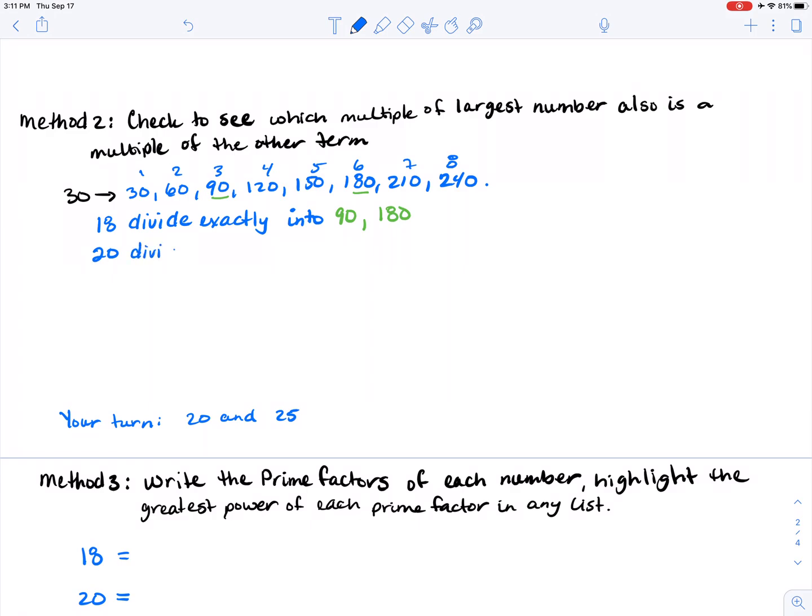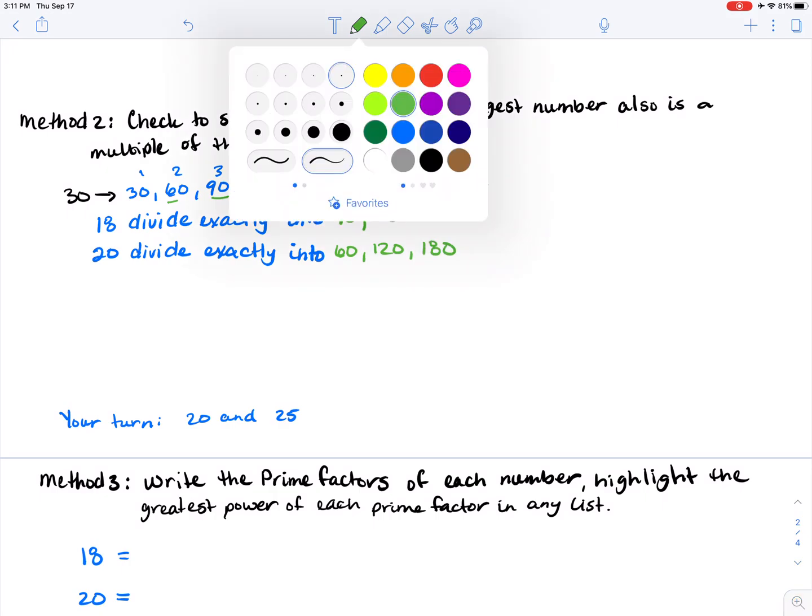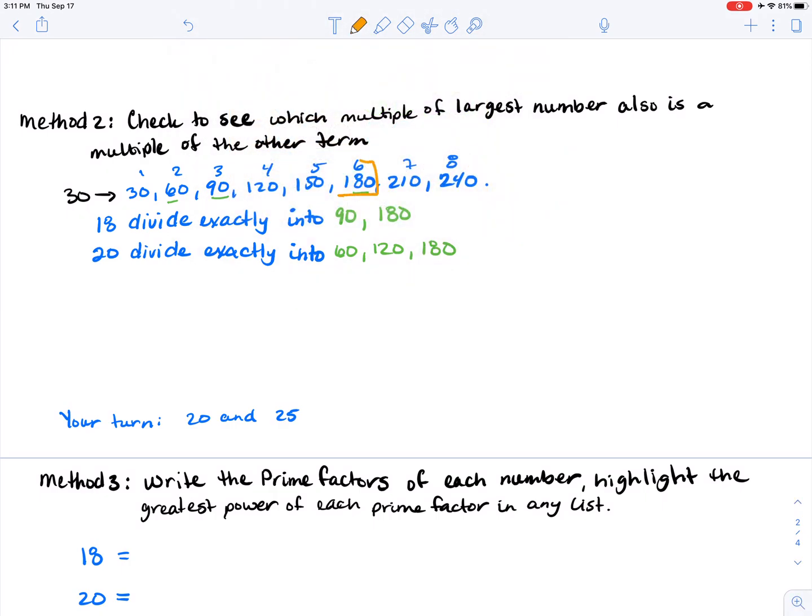What numbers does 20 divide exactly into? And if we look, it divides exactly into 60, 120, and 180. And now we have some commonality. We have 180, 180, and 180. So therefore, our lowest common multiple is 180.